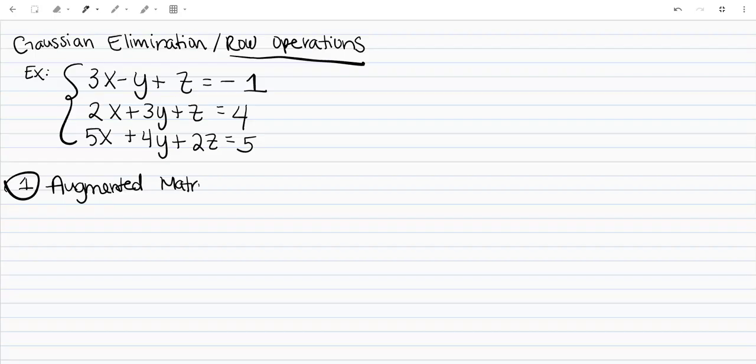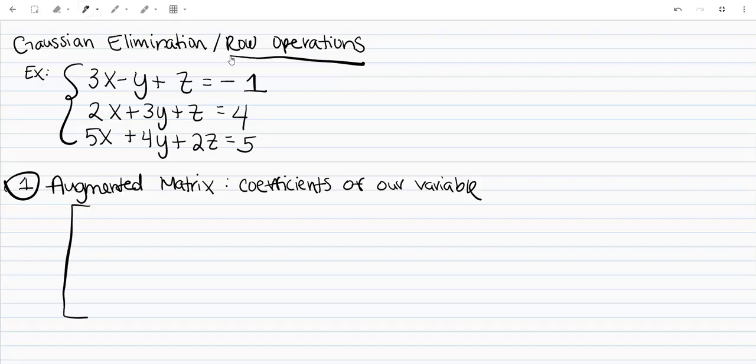So recall that an augmented matrix is written with just the coefficients of our variables, and we're also looking at the constants on the other side of the equal sign. So I'm going to build my matrix, and I'm going to start with filling in values, starting with my x's. So I have 3, 2, and 5.